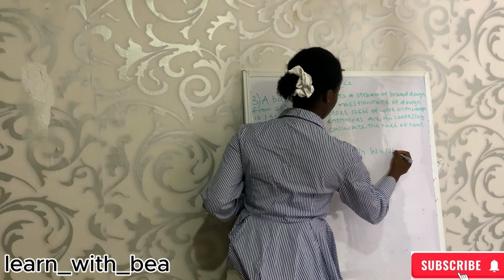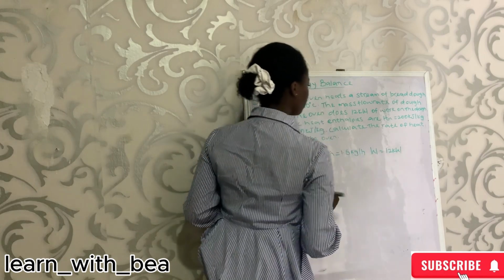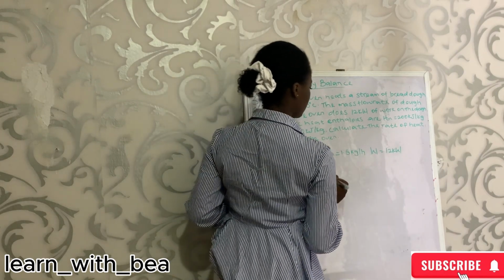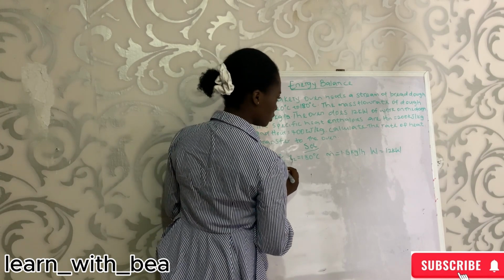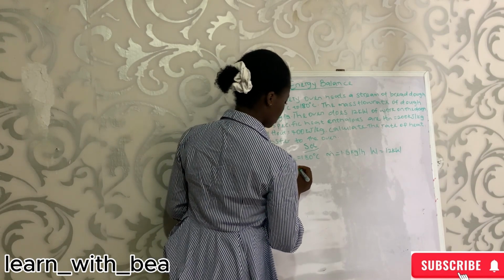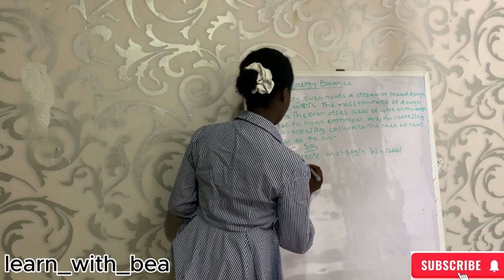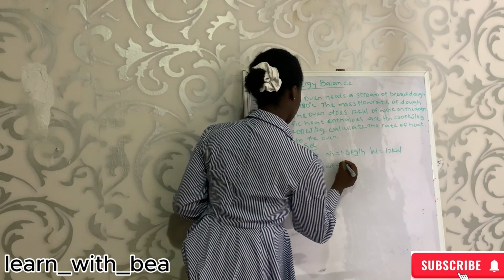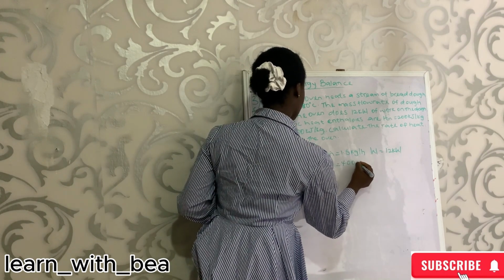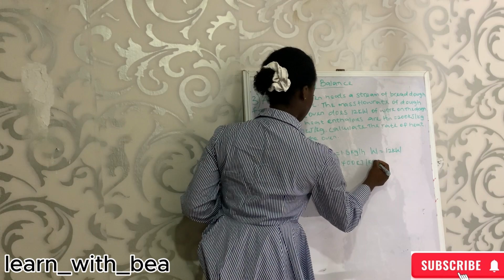So 12 kilowatt. Specific enthalpy H in is 200 kilojoule per kg, and H out is 400 kilojoule per kg.